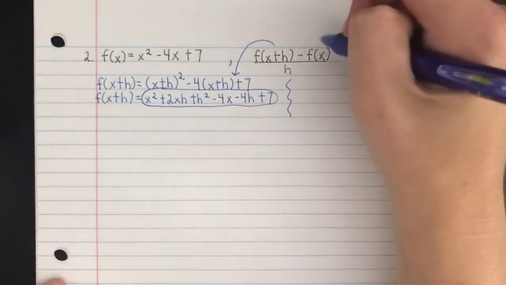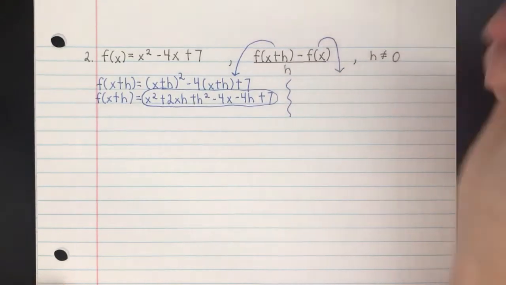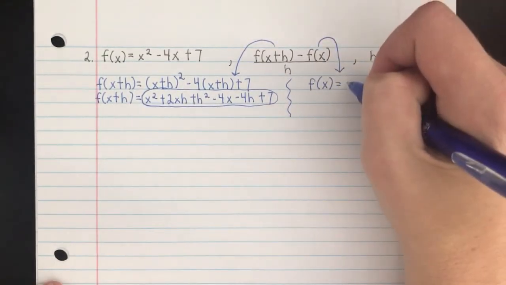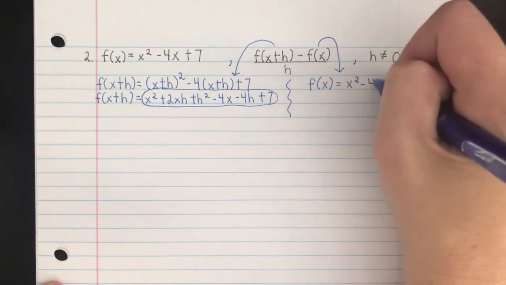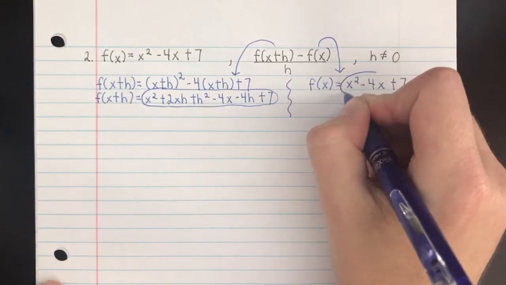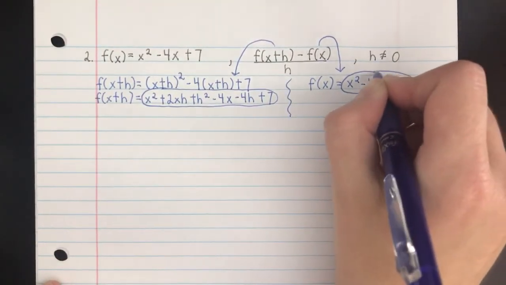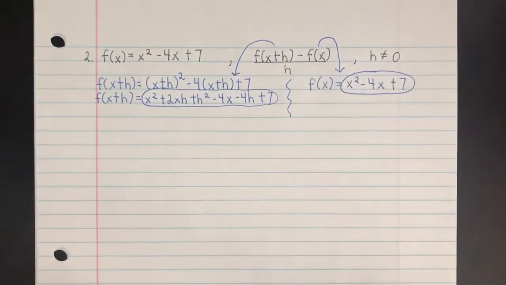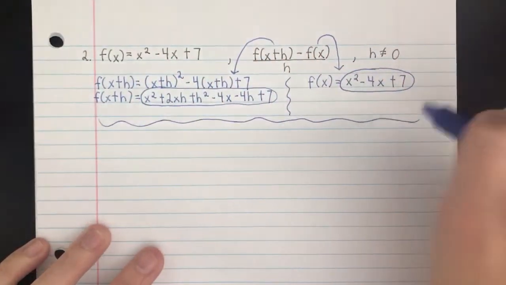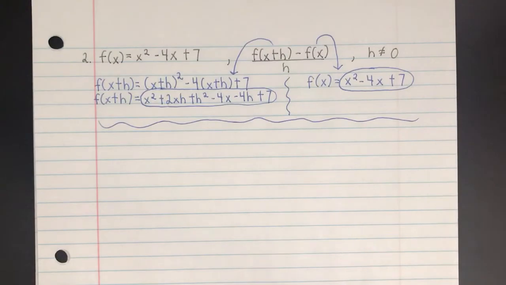All right, now I'm going to find f of x. Well, hey, that's not hard, is it? f of x equals x squared minus 4x plus 7. So this trinomial represents my expression that I'm going to plug in there for the difference quotient. Okay, so let's set up that definition line.